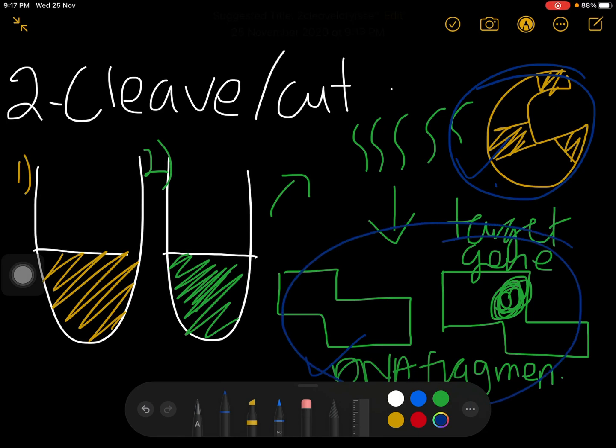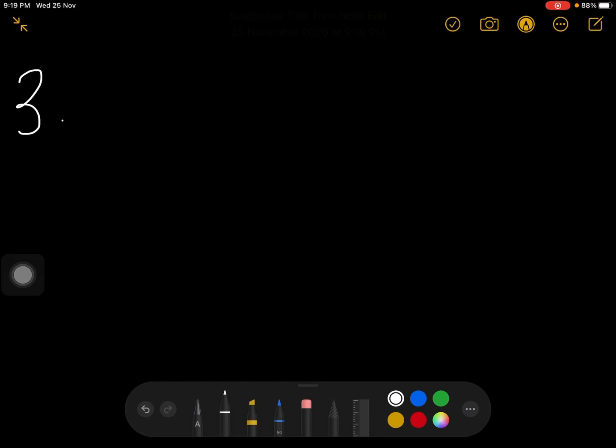The gene of interest and the plasmid now have complementary ends, which are sticky ends or blunt ends, by using the same restriction enzyme. In this diagram, the complementary end is a sticky end. Here and here, also here and here, are sticky ends.